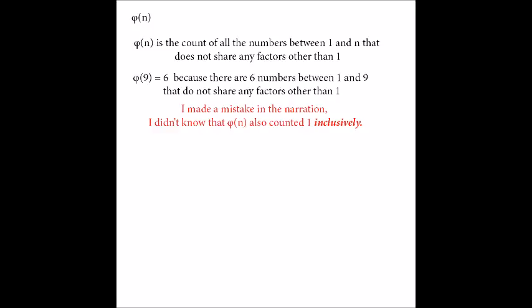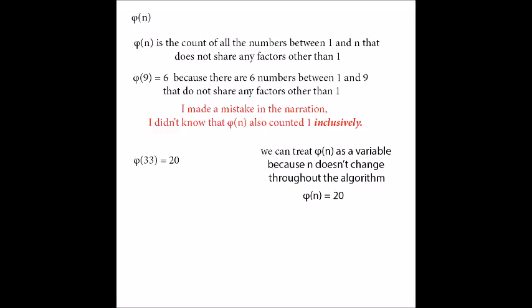In this case, since our public key n is 33, phi of n is equal to 20, because there are 20 numbers that have a greatest common factor of 1 with 33.